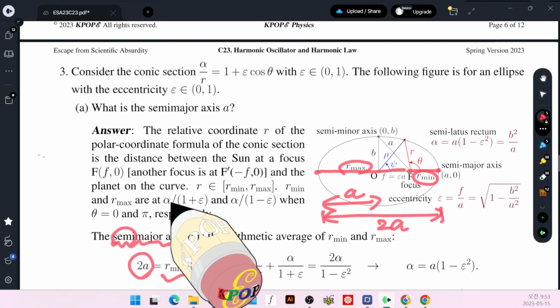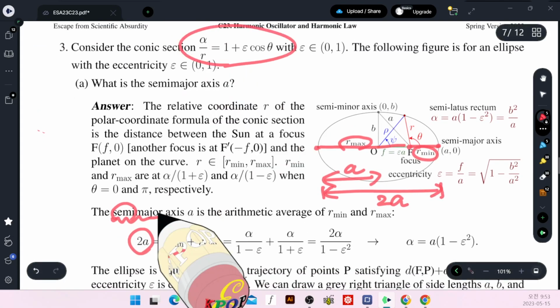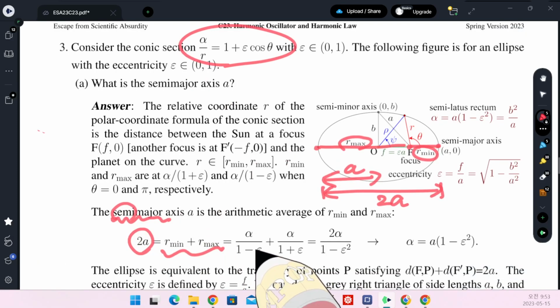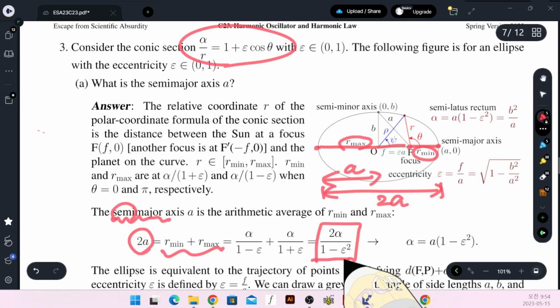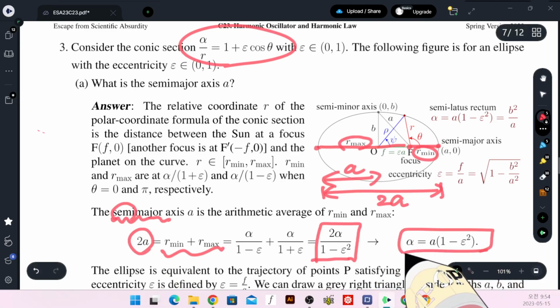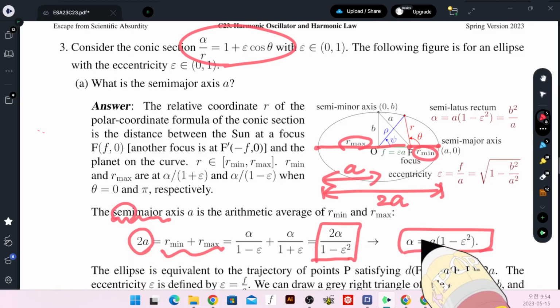We recall that this formula states that R minimum is alpha divided by 1 plus epsilon. R maximum is alpha divided by 1 minus epsilon. If I add them up, the result is this. So we have a correlation among the semi-latus rectum alpha, that is the radius of the orbit when it is a circle.